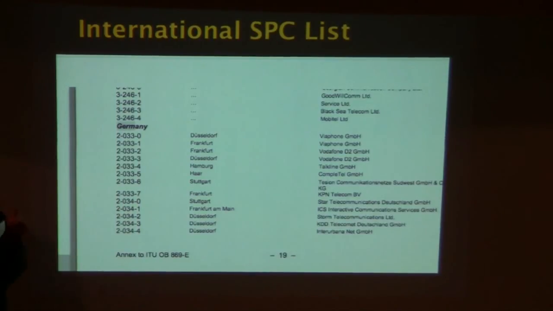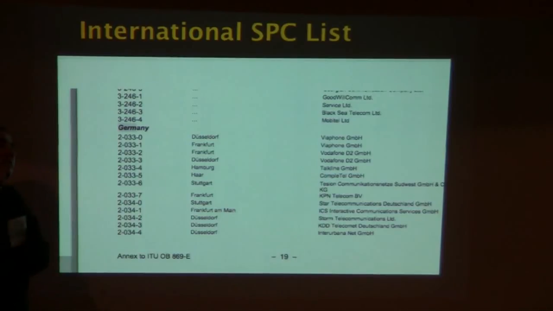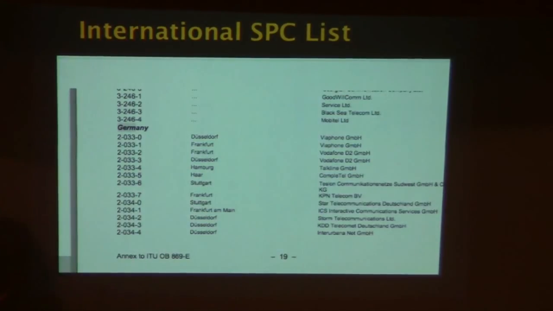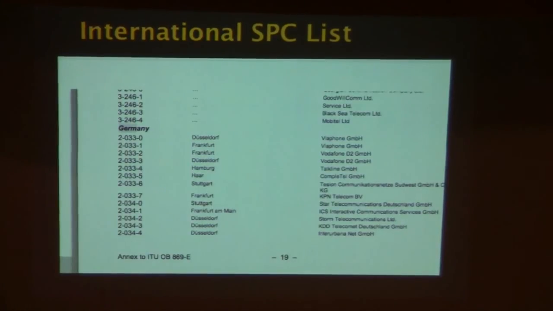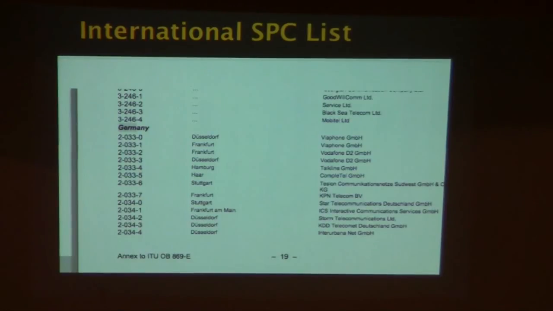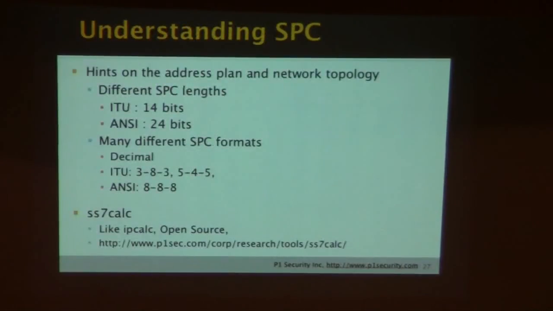So if one person gets access to one SS7 network anywhere, he knows directly which system he wants to target on the international network. And that's how some spam is done: you get SS7 traffic, which carries spam and is going to be targeting very specifically these networks.